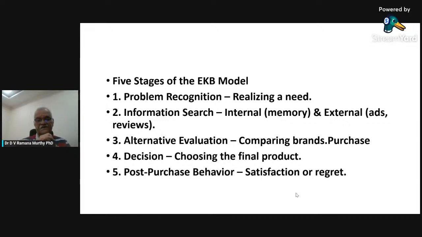That's called problem recognition. Second, when you have a clear problem recognition, you go for internal memory and external reviews, meaning you might have used X brand of mobile or Y brand of mobile, and you might have had some plus and minus that get recorded in your memory. Am I clear on what I'm saying? So this is internal, and external is how the advertisements and reviews from the websites and all that. This is called the information set. You ask yourself whether this product is going well, and it has created some sort of problem.